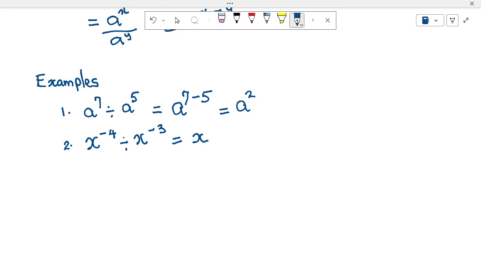This is x raised to power minus 4 minus minus 3. If you got that, you're doing well. It gives us what? x raised to power minus 4.